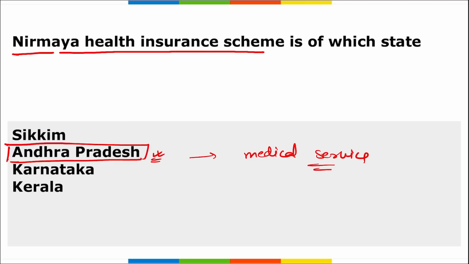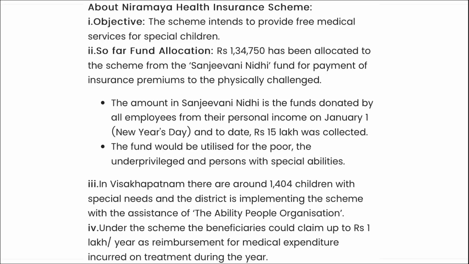If we talk about the objective of this scheme, the scheme intends to provide free medical services for these special children. So far, fund allocation of around 1,34,750 rupees has been allocated to the scheme from the Sanjeevani Nidhi Fund for payment of insurance premiums to the physically challenged.